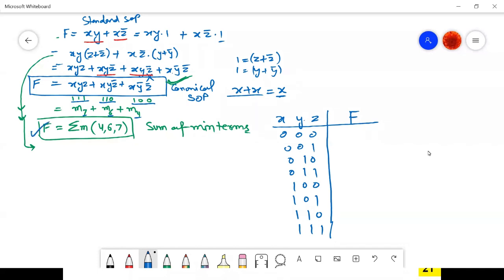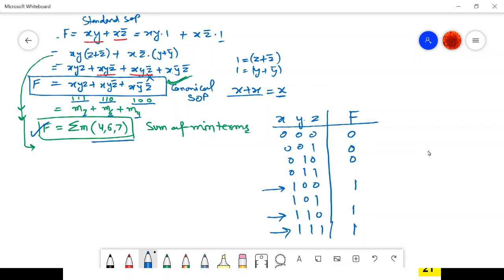So if these minterms are there, you know what they are signifying? Whenever you have 4, which is this one, F is 1, meaning the minterm is present. 6, this minterm is present, and 7, this minterm is also present. What about the rest? We have only 3 minterms present in the function. Remaining are basically 0.